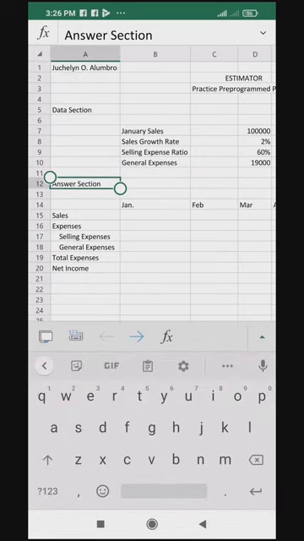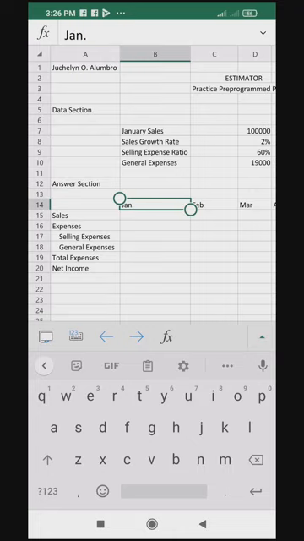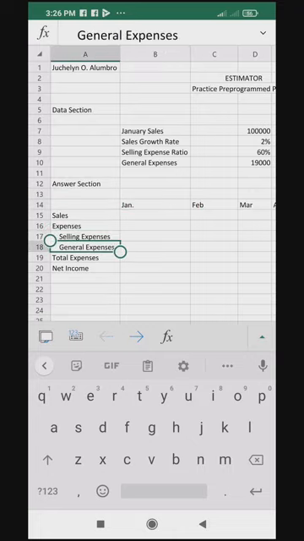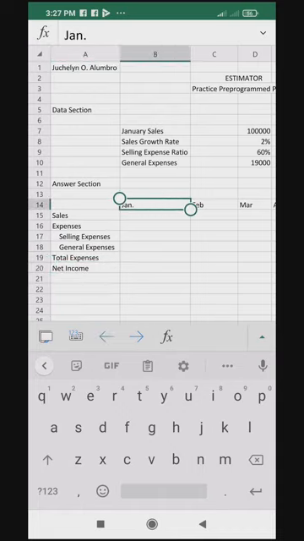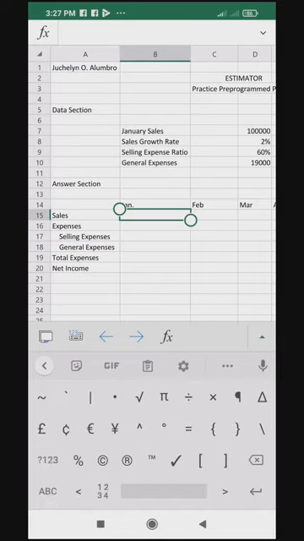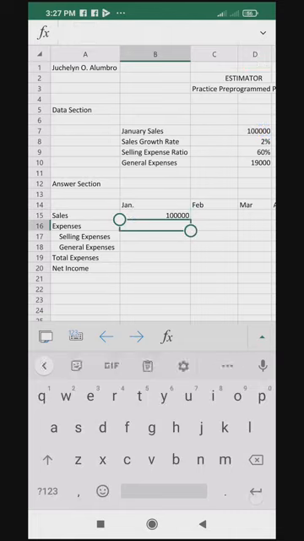So the first one is we need to get the sales, the selling expenses, the general expenses, total expenses, and net income for the month of January. So the sales for the month of January is equal to D7, 100,000.